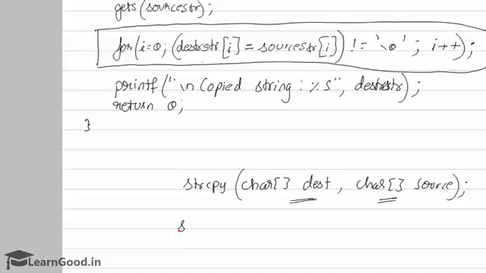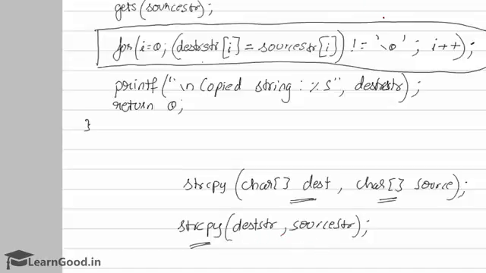So first you need to give the destination and then the source. To copy source str to dest str, it can be given as strcpy(dest str, source str). You need not copy character by character. This function takes care of copying all the contents from source str to dest str, including \0.